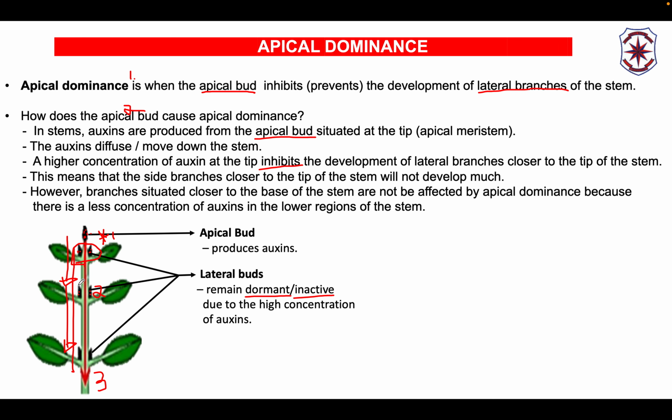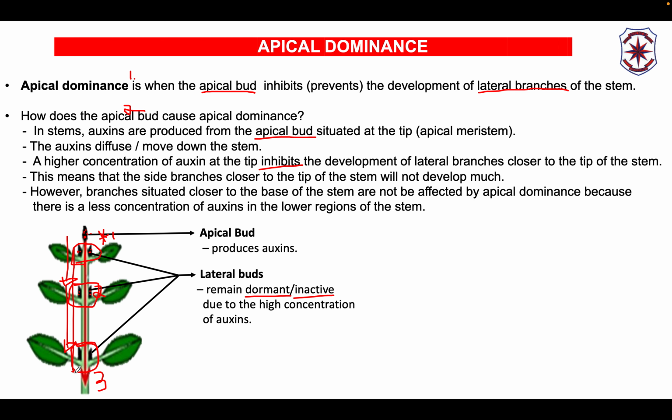As we go down, these ones are exposed to less auxins, so the inhibition or the dormancy will be less, and these ones over here are exposed to the least concentration of auxin. Therefore, the inhibition will be even less there.